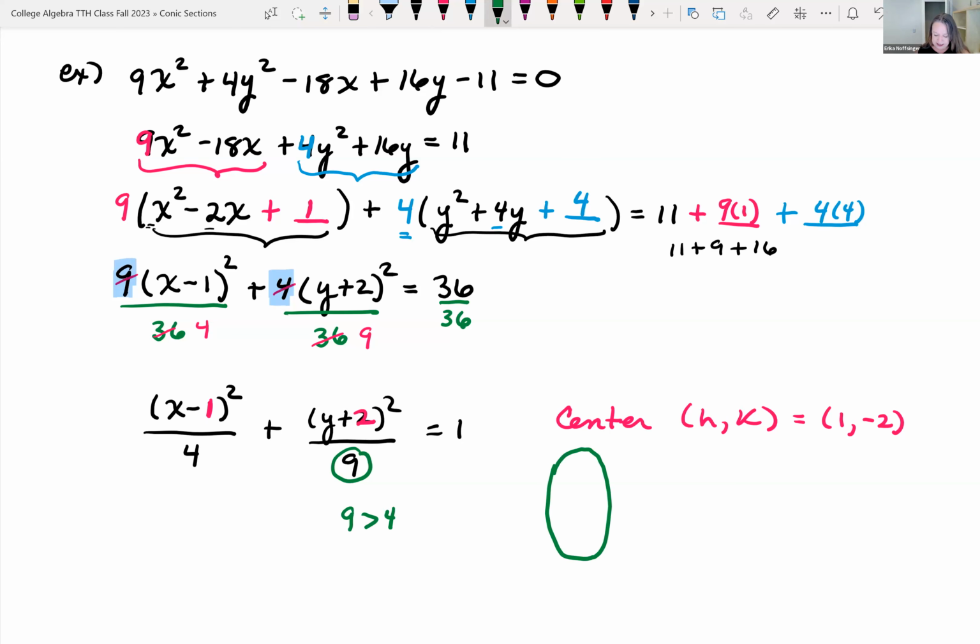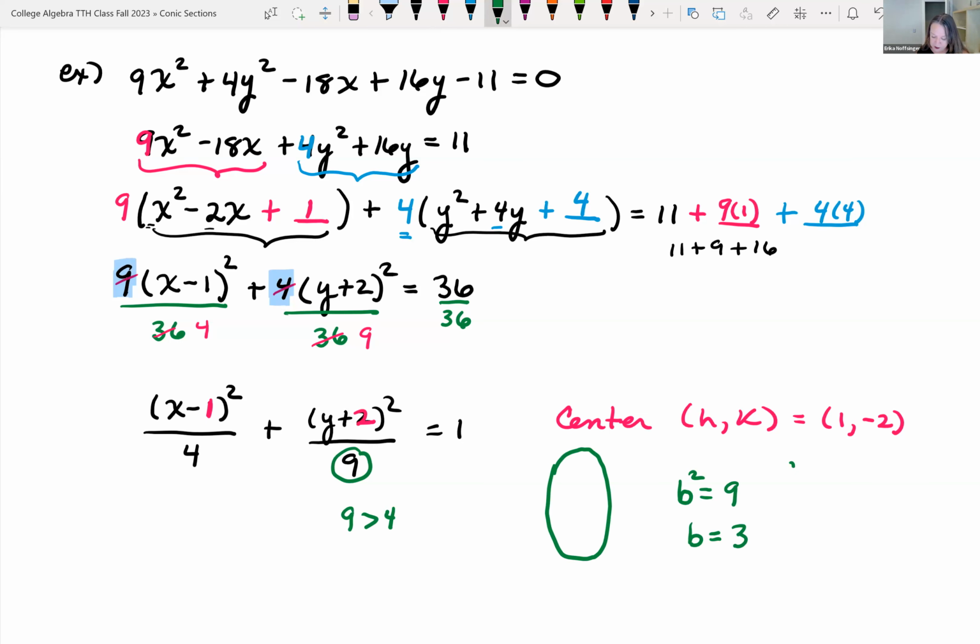So in this case, I have b squared equals 9. So take the square root, I get b is equal to, normally I put plus or minus 3, but it's a distance, so I'm going up 3 and down 3 from my center.